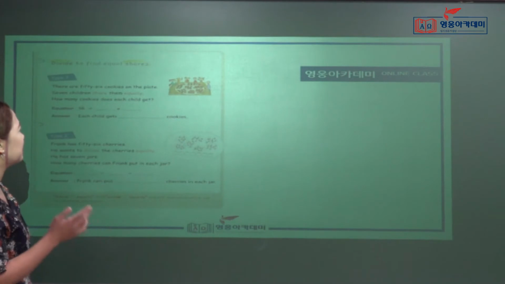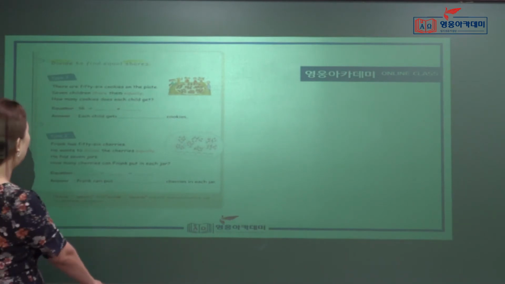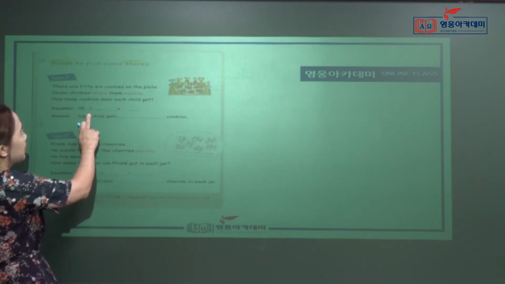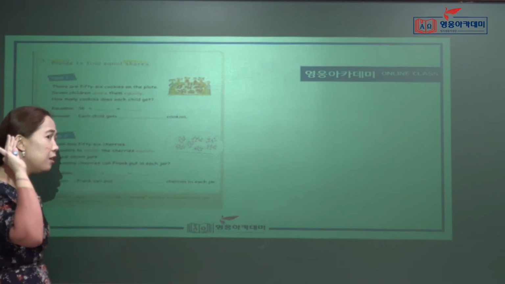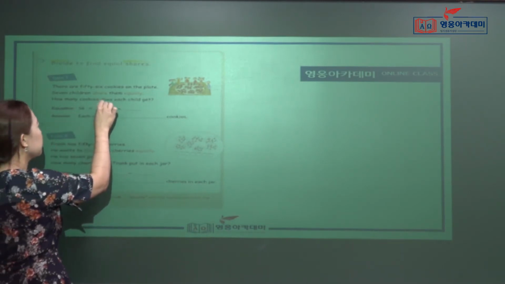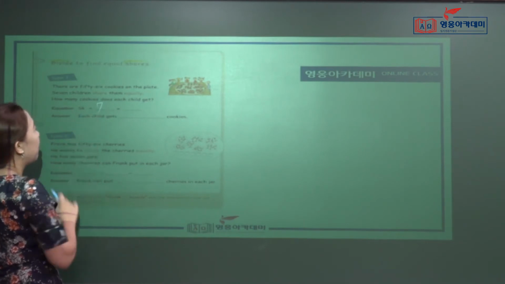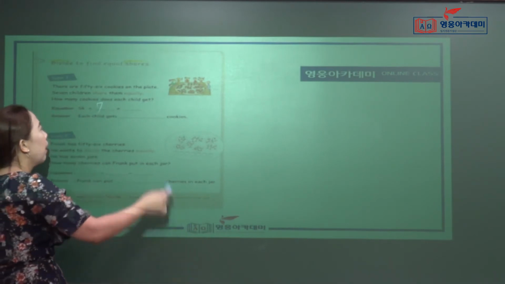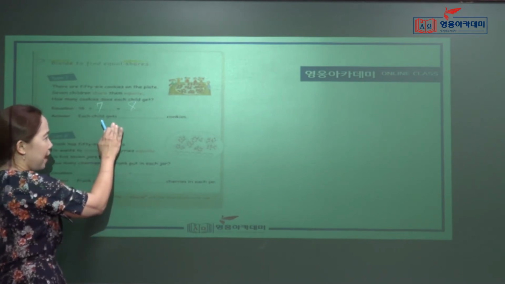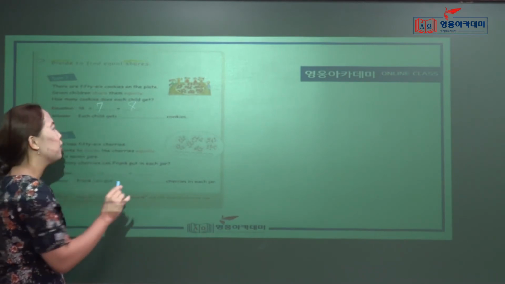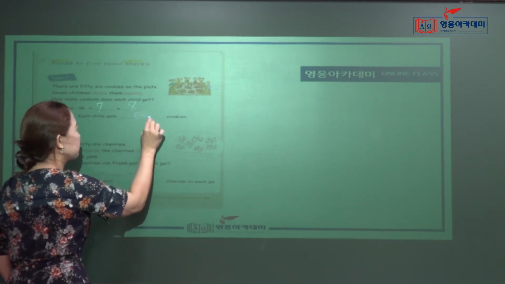How many cookies does each child get? All right, same. 56 divided by, what did we say? How many children? 7 children. 56 divided by 7 is 8. So each child gets 8 cookies. Right here, 8.